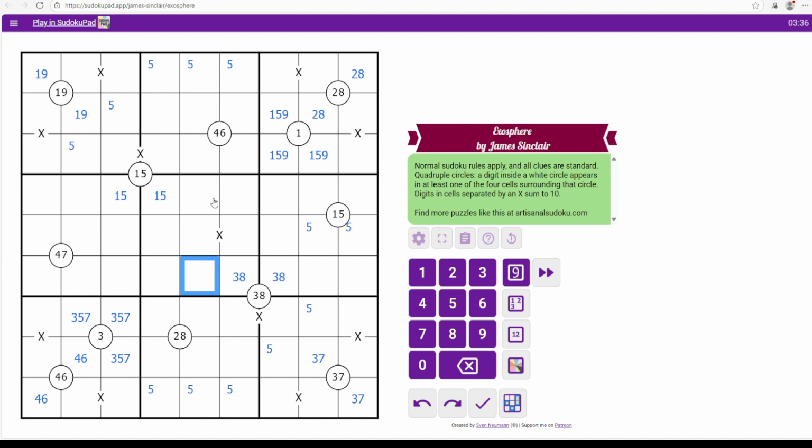Okay. So, because we've got a 1 there, that must be a 1, 5 pair as well. We can't do the same thing on this side though. What we would know actually is 4 is in one of those.